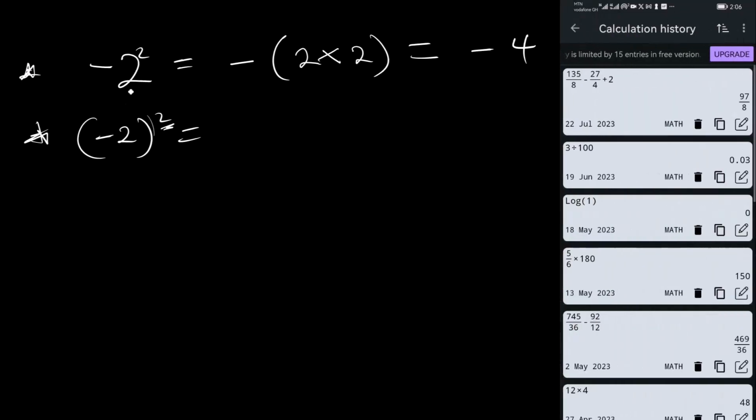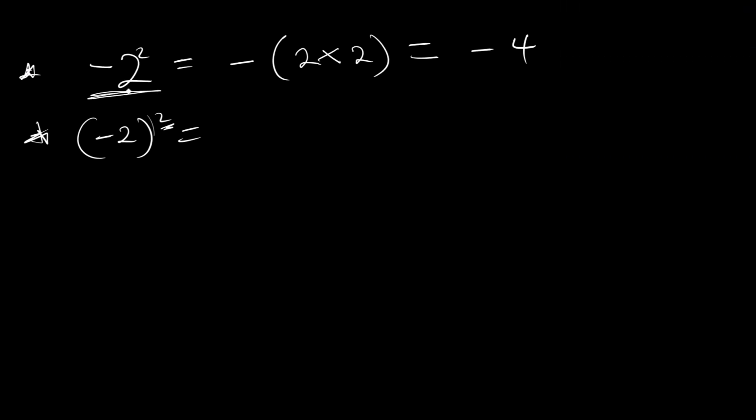On the calculator, if you plug in this instead of this one, you end up getting this. So make sure you do the needful. The second one has to do with minus 2 times minus 2. That is 4.